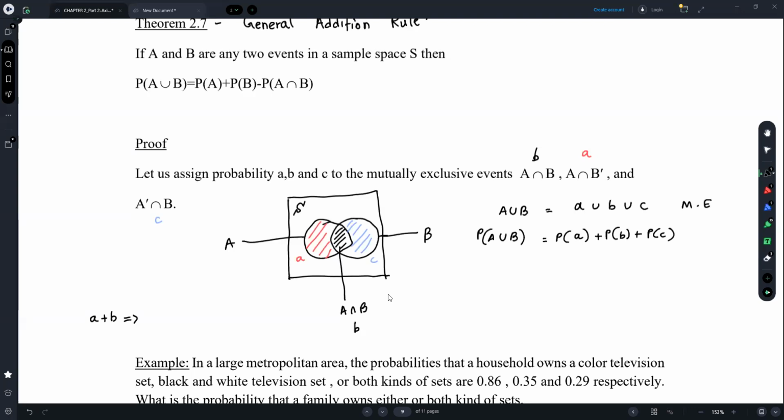It's red colored area and the black one. A plus B, what do you get? That is A. And if you add C and B, what do you get? You get B. Now you have A, B, C, but there's extra B right here. If you want to write this whole thing as probability of A and probability of B, you need extra B.